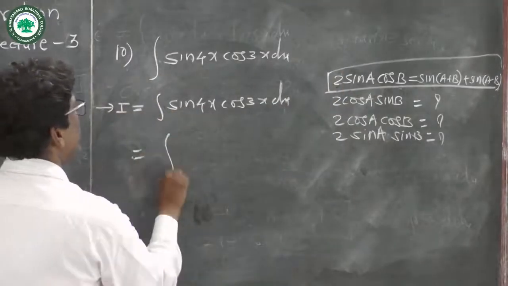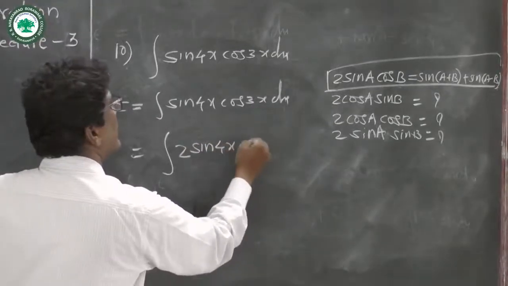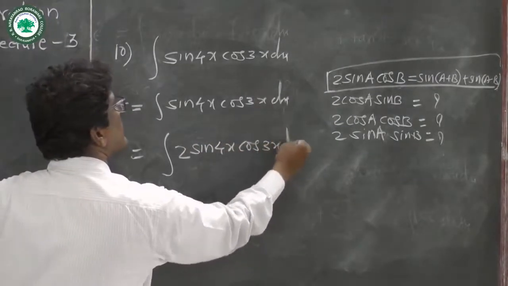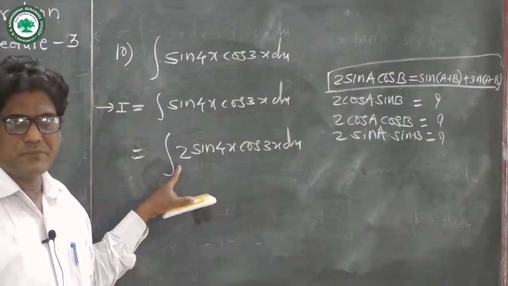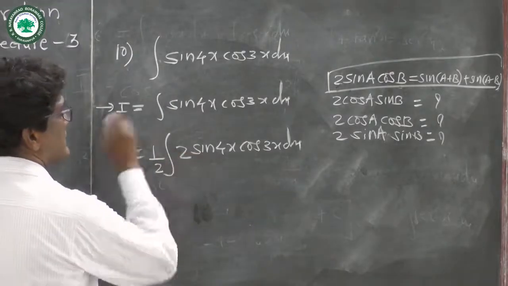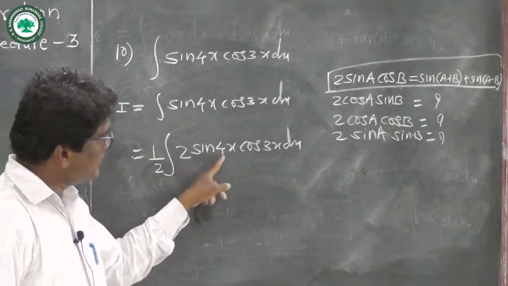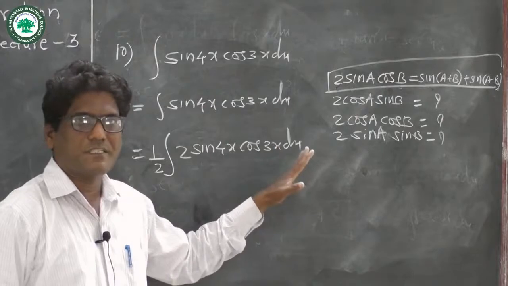So this is equal to integration of 2 times sin 4x cos 3x dx. But we have to cancel this 2, so we take 1 by 2. So it is 1 upon 2 integration of 2 sin 4x cos 3x dx.